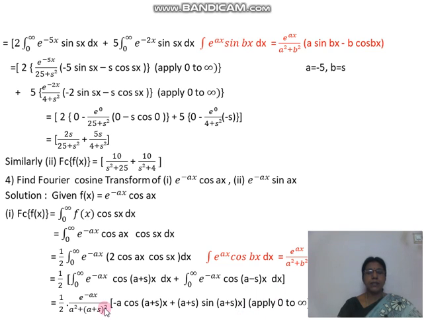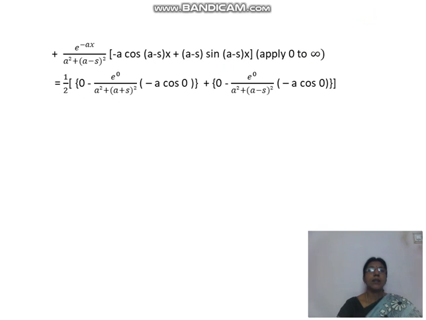See the next step. What happens to the second integration? In place of a we have minus a, in place of b we have a minus s. Now we get the second term: e power minus ax by a square plus a minus s whole square, into minus a cos bx, b meaning a minus s, plus b into sin bx, that is a minus s sin a minus sx. Apply 0 to infinity.